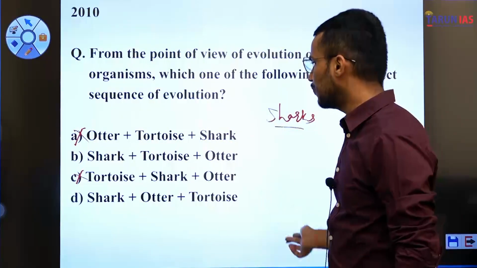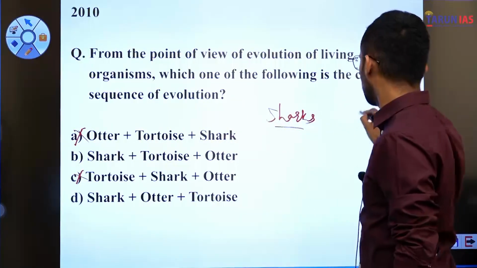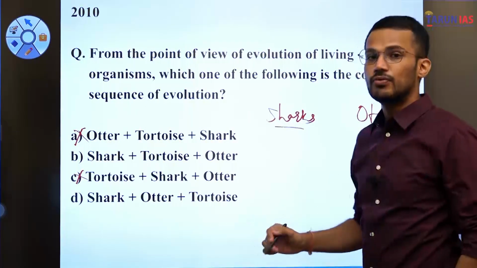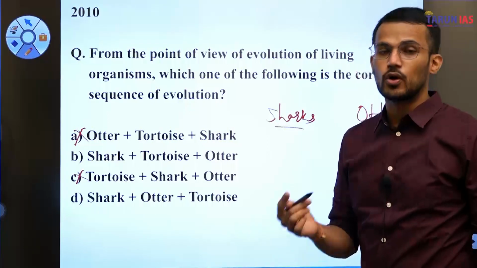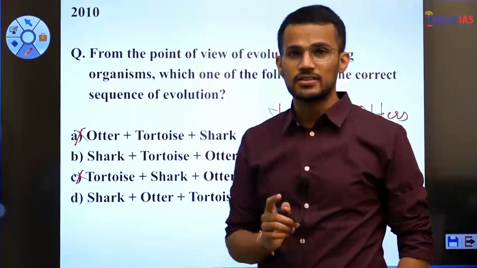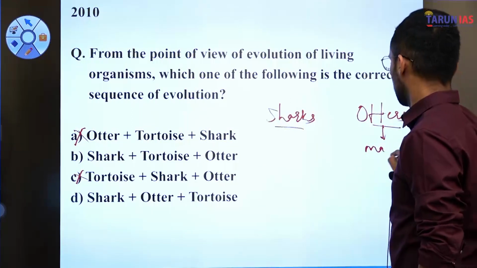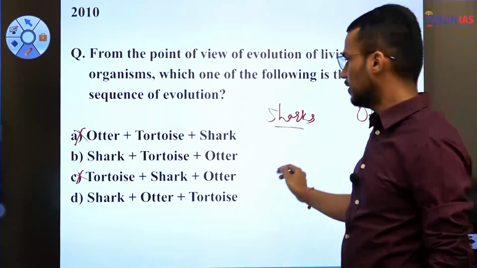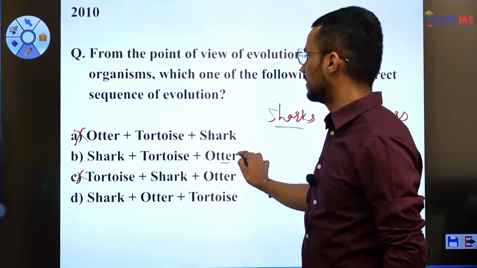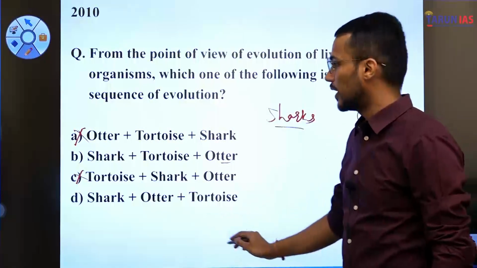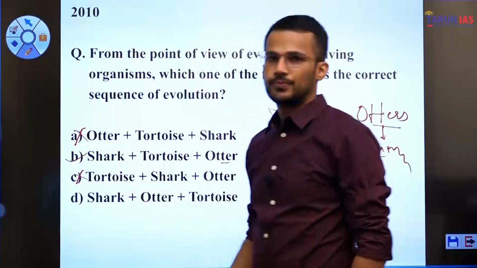Thereafter, you know that it is otters that have evolved at the last because otters are considered as mammals. Fine. So otters are last in this particular option amongst B and C. And that's why it should be your answer.